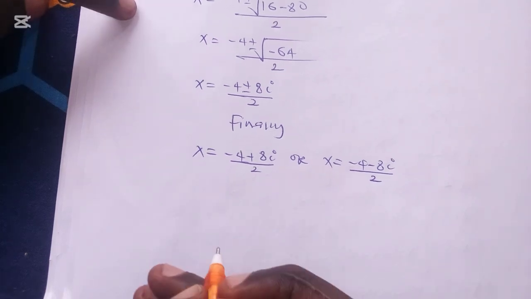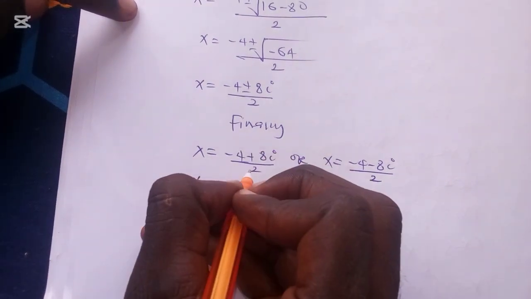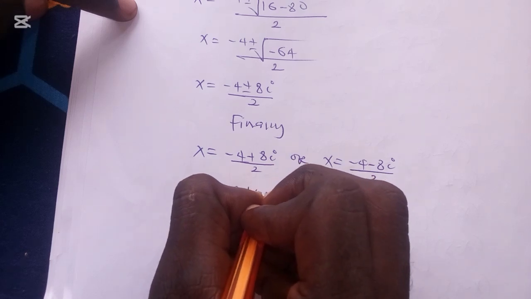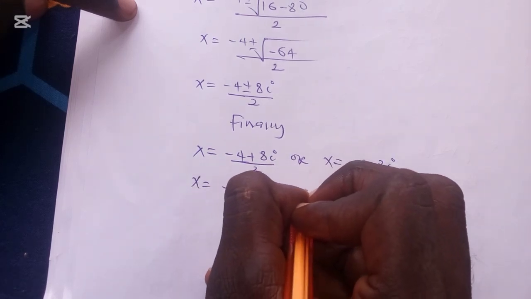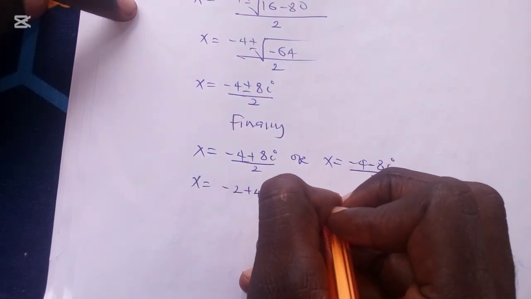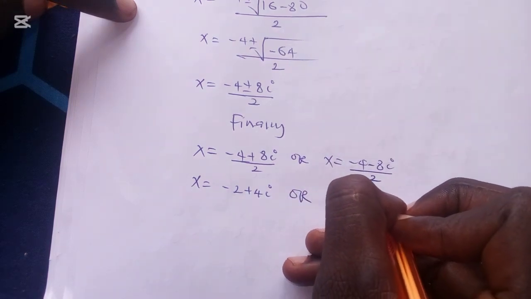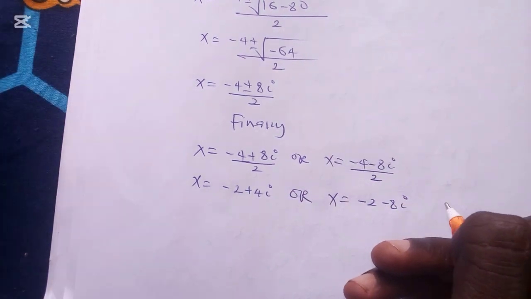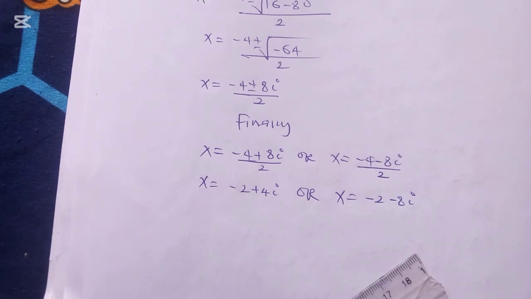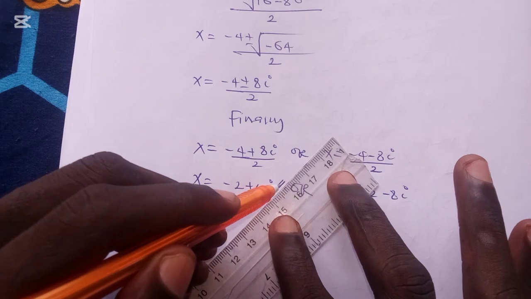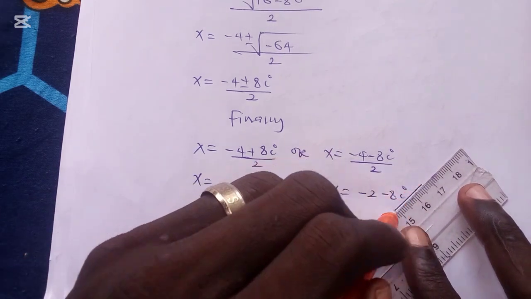Okay, we can say therefore x now becomes minus 2 plus 4i, or the value of x can also be expressed as minus 2 minus 4i. Okay, so these are the values of x that we have to find in regards to the problem that we are given.